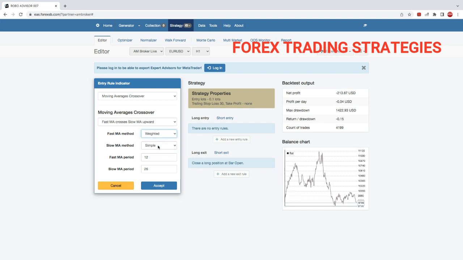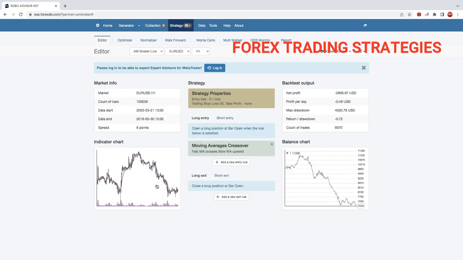If we use weighted, let's see, I'm just testing out, would have lost money. But if we use exponential, again, take this with a pinch of salt. So let's just play with the settings here. Maybe let's say I was going to use 5 versus 8 moving average.